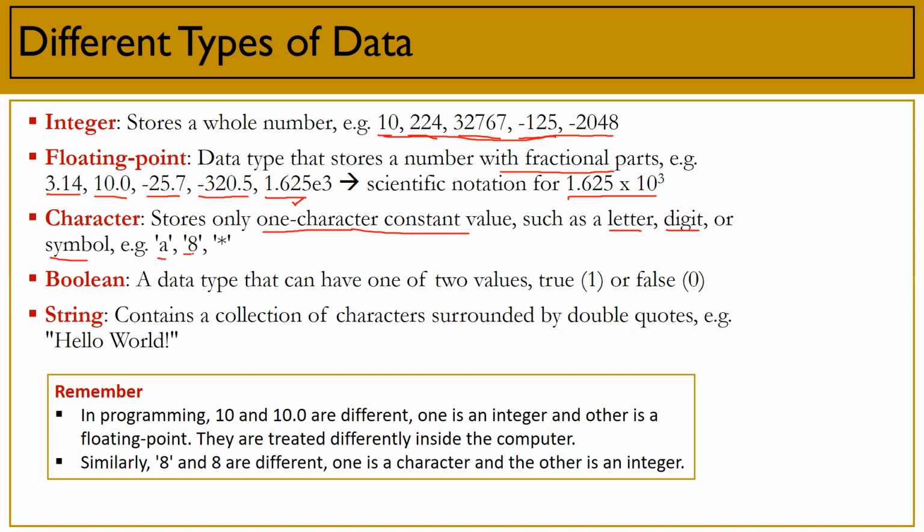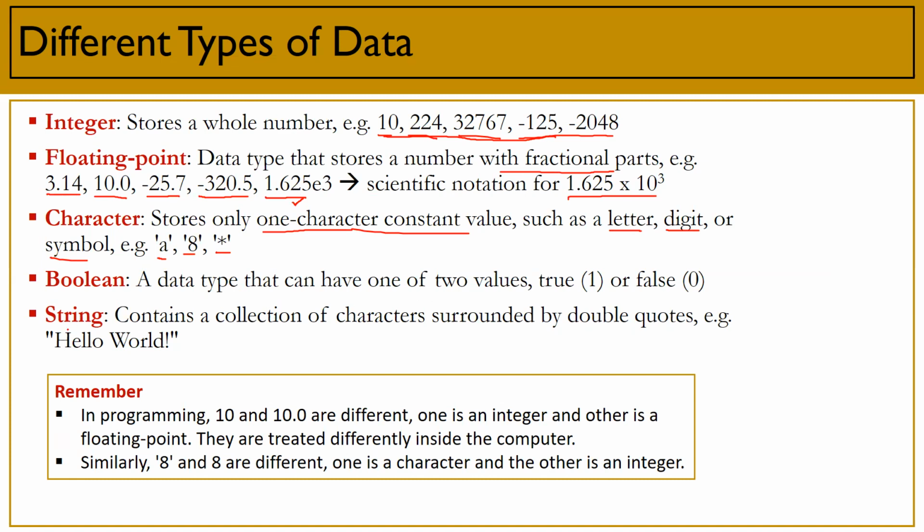Then here you have 8, and then here you have an asterisk. These are examples of the character data type. And then we have an explicit data type which is called Boolean. A variable or constant of this data type can have either a true or false value. True you can represent with 1, and false you can represent with 0.